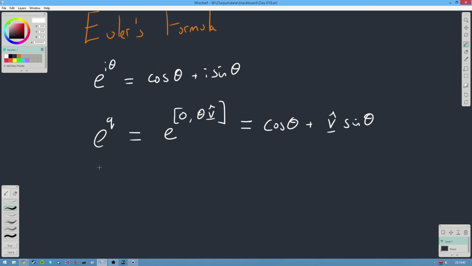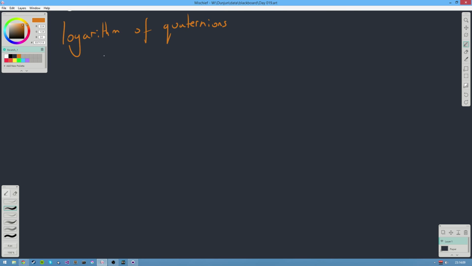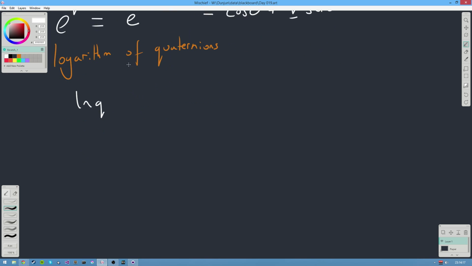So now we're going to the logarithm of quaternions. If we do log of q, we can express q as this exponential again.